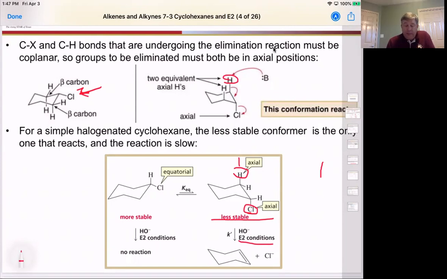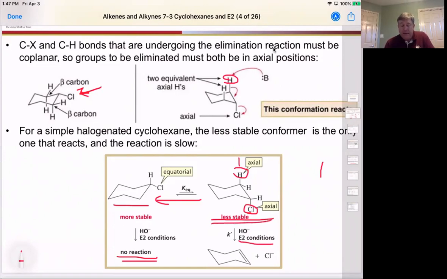If we actually have it go back and forth such that the chlorine is in the equatorial position, we do not have a hydrogen that it can be anti to. We can only have hydrogens that will be a little bit offset, gauche to each other. And as such, even though this conformer is more stable, it will not undergo that E2 reaction because the hydrogen is not anti to the leaving group.